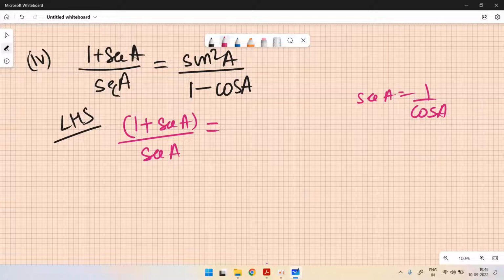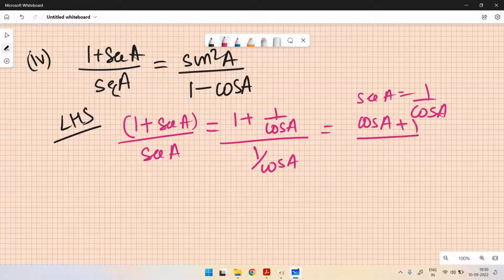So I can write this as 1 plus 1 by cos A, upon 1 by cos A. This will become cos A plus 1 by cos A, upon 1 by cos A, so cos A gets cancelled, and it is 1 plus cos A.